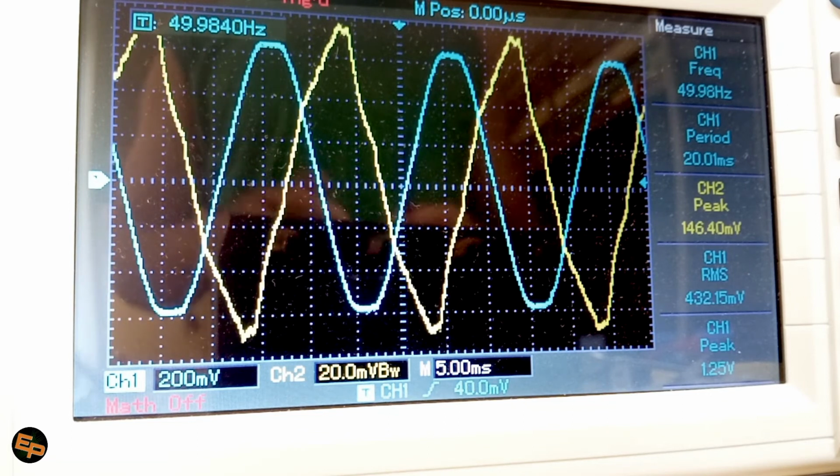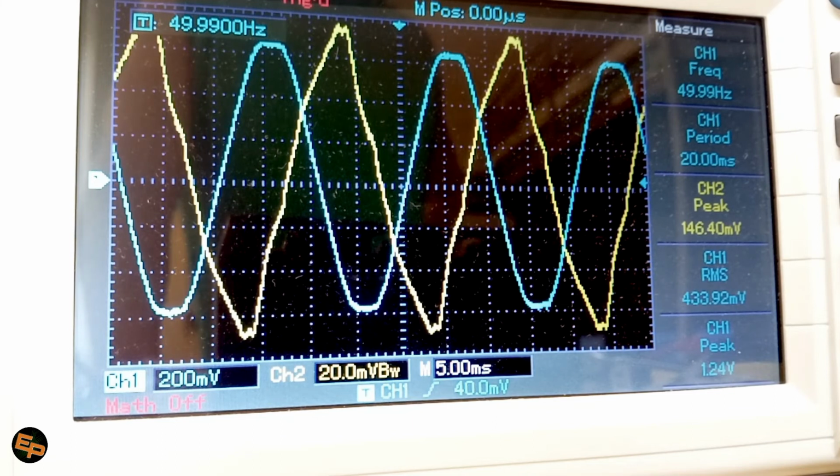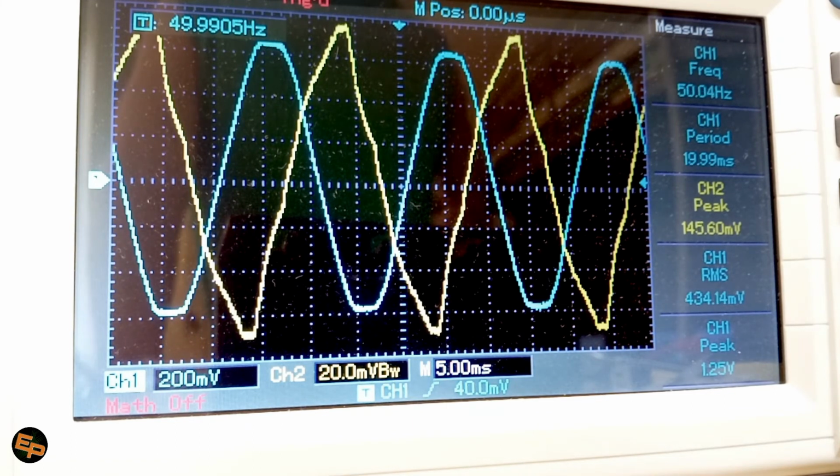And I have about 147 millivolts of signal on my current transformer. And the waveforms are pretty close to each other, right? Ignoring the phase shift, the waveforms are pretty close, I would say.